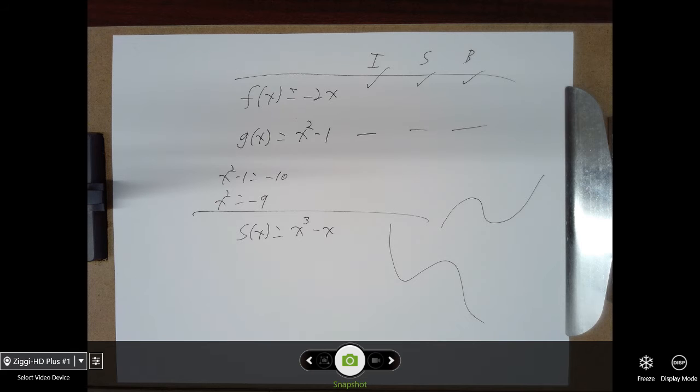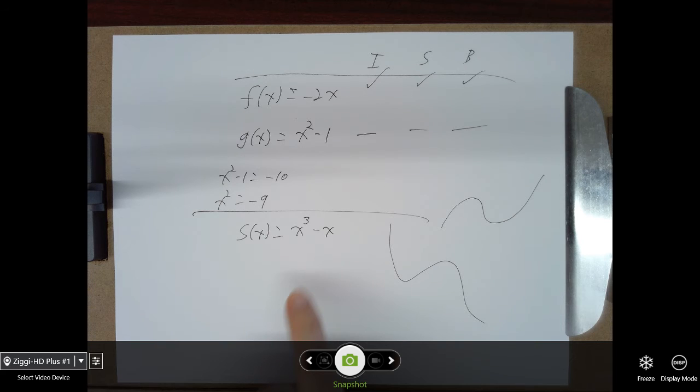So injectivity is x cubed minus x equals y cubed minus y. Does that mean x equals y? Or is it possible there's two x's that have the same value here? Wouldn't the solution be 0, -1, or 1 to solve for x in that case, if you set it equal to 0?